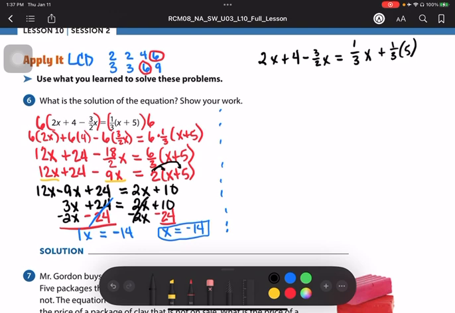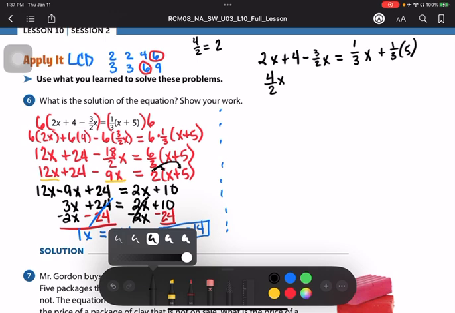2x, if my common denominator is 2, that's the same thing as saying 4 over 2, because 4 over 2 equals 2. So 4 halves x equals 2x. Because I'm dealing with a fraction and I want to combine it with the like term with the other fraction, I have to make it look as a fraction so they can have the same denominator.